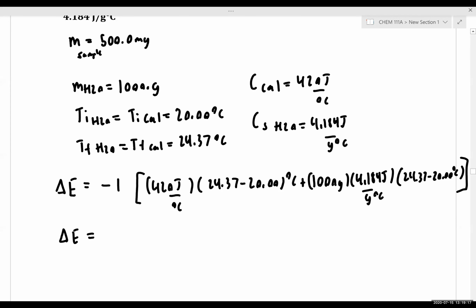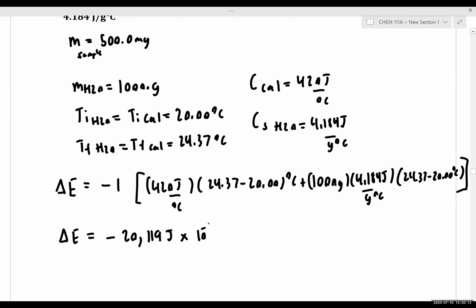So punching this into our calculator, that gives us a change in internal energy of negative 20,119 joules.